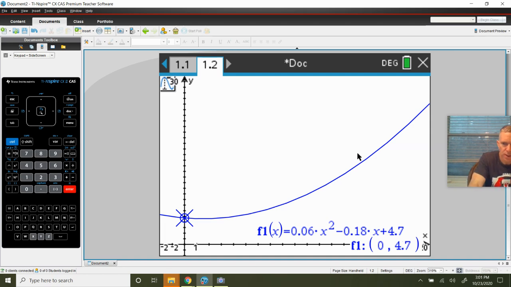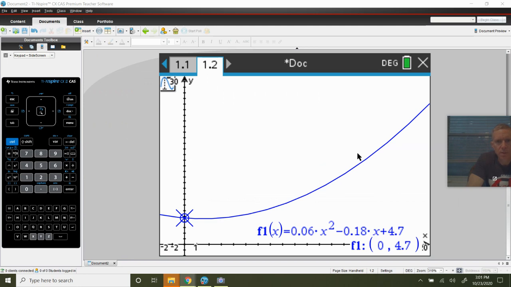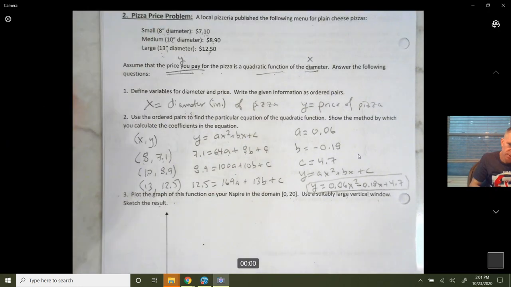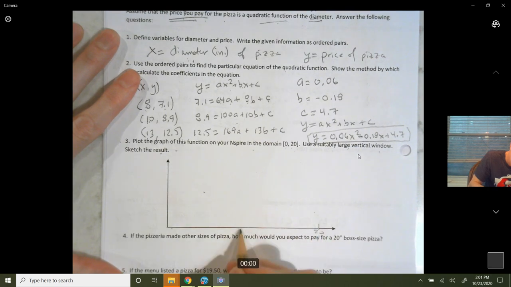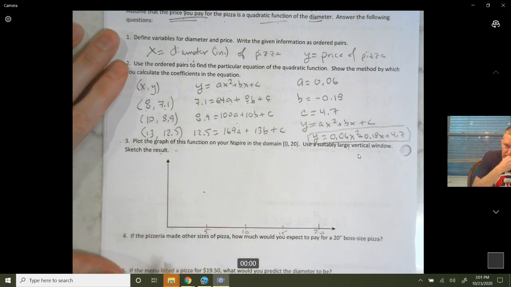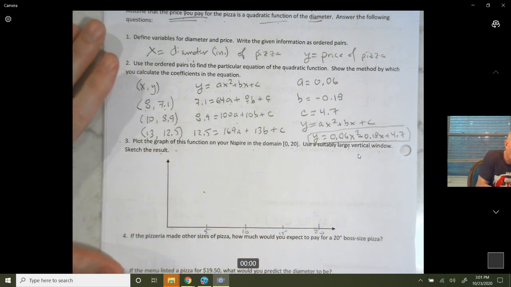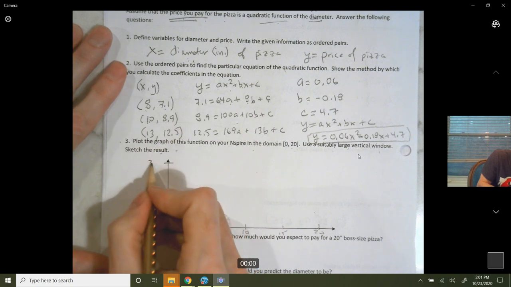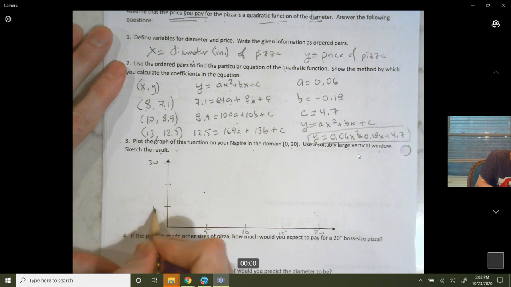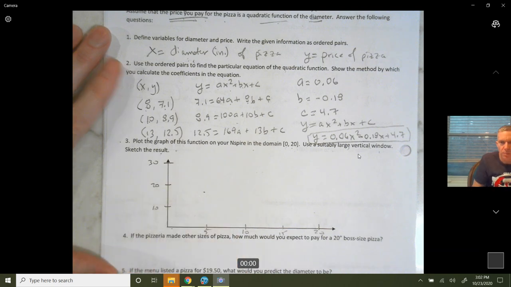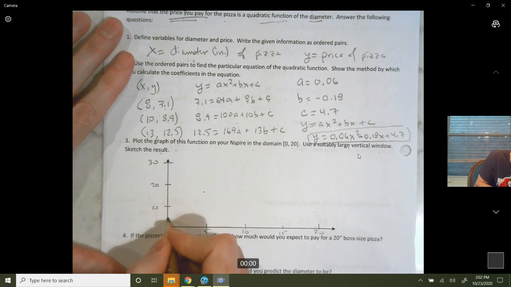Okay, it told us it wanted to graph this on our page from 0 to 20. Let's just kind of scale this, 5, 15. And this will go up to 30, and it looked like that was enough. 10, 20, 30. My y-intercept I said was 0, 4.7.